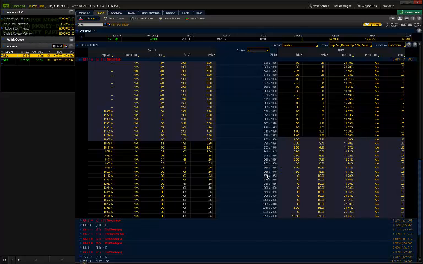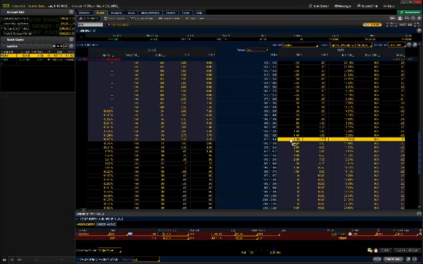So we're going to come down here to the 1925 strike. And you can see here, you want to buy the 25, and you want to sell the 1920.